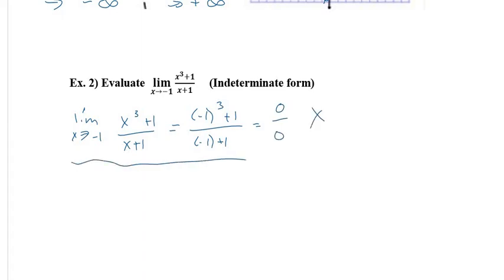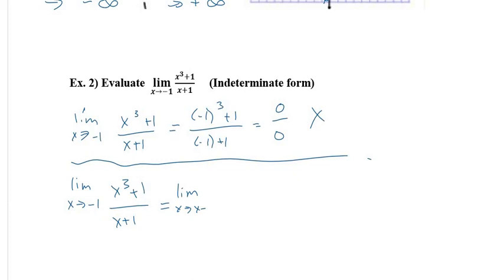With 0 over 0 types, those are indeterminate forms. So we can use a bit of know-how to help us out. Let's try this again. The limit as x approaches negative 1 of x cubed plus 1 over x plus 1. One of the things that we can do is try factoring. And hopefully you remember that x cubed plus 1 is one of our special factoring rules.